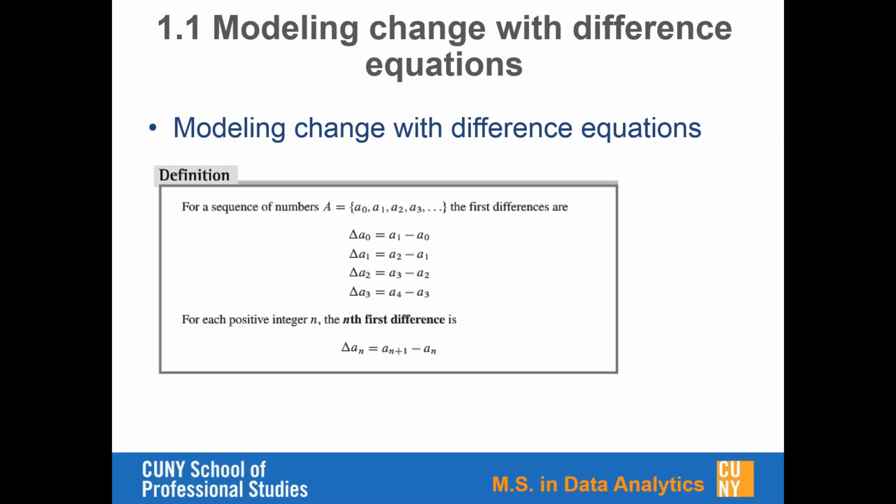So for each positive integer n, the nth first difference is delta an equal to an plus 1 minus an.